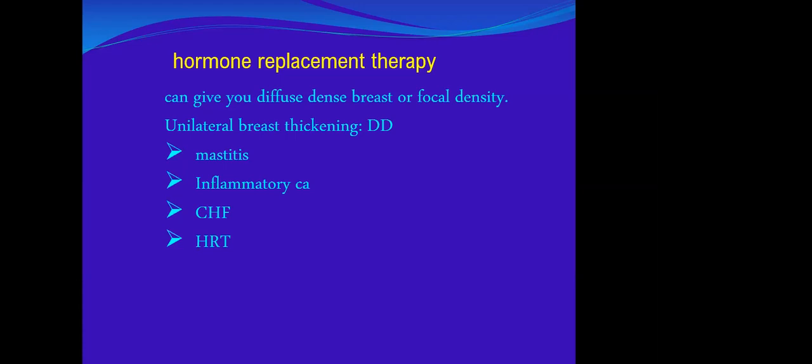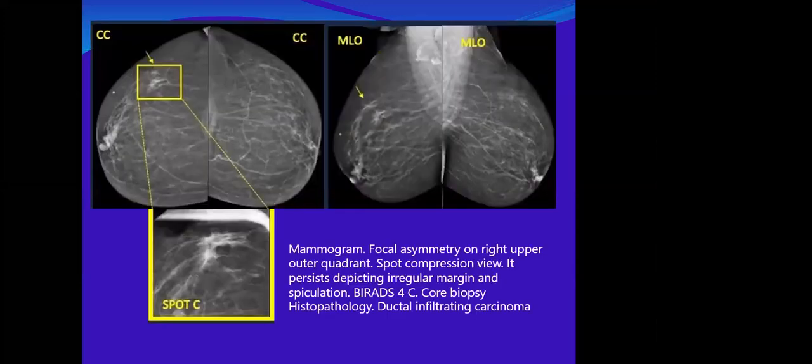And here the differential diagnosis: if it is unilateral, it will be mastitis, inflammatory carcinoma, congestive heart failure, and as we mentioned, hormonal replacement therapy. And if it is bilateral, congestive heart failure is still there, or rarely it can be bilateral inflammatory cancer or mastitis.